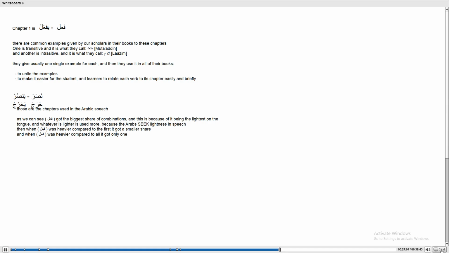That's how to do it, okay? طيب. خرج يخرج. As you can see, both belong to this chapter. Both are said in that same combination, فعل with يفعل. Now, this makes it easy for the teacher to relate each verb to its chapter for the student.